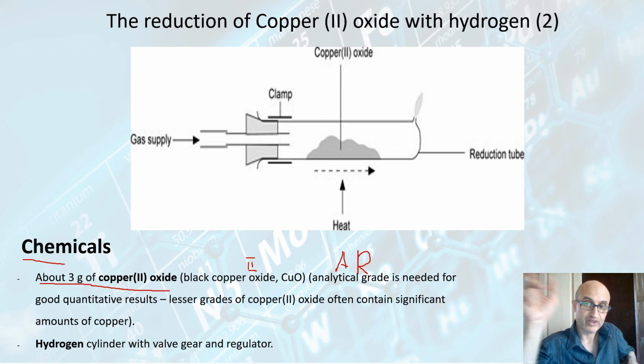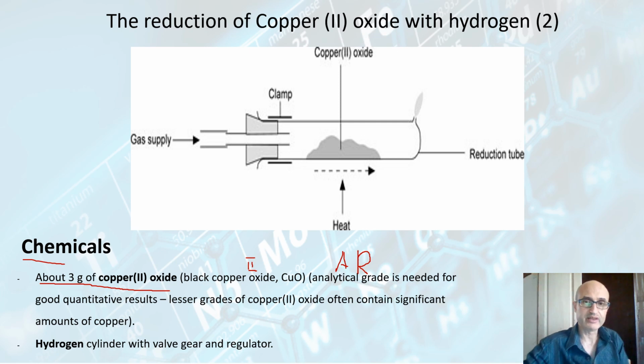As you shall see in the video demonstration, you will also need a hydrogen cylinder with valve gear. The valve gear I've already gone into. You will need a pressure regulator, just like the pressure regulator that you use at home with your liquid gas cylinders. The idea is the same. Of course, the type of regulator will be different. And of course, there will need to be a gas flow regulator as well after the pressure regulator.